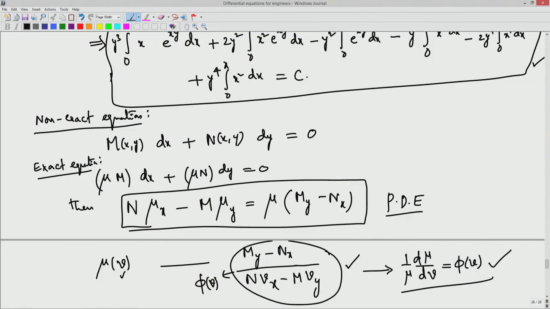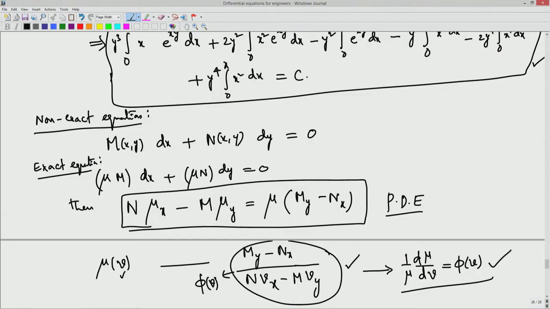V can be x or y alone, or v can be a function of x and y like x minus y, x into y, or x by y, or x squared plus y squared. You can take any complicated form, say sin xy, sin x by y, anything. You fix this v and then verify this quantity. M is known, n is known, v is known once you fix it. After verifying, it should be a function of whatever v you have chosen.